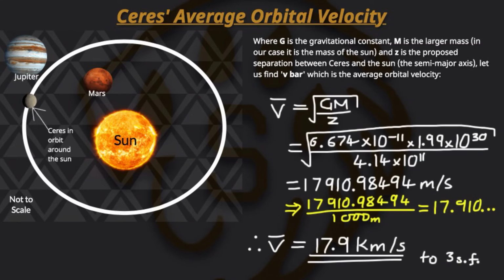Okay, so as you see, our v bar is the v with that horizontal line on top. That's what we mean, v bar, and that is the average velocity, which will be equal to the square root of GM over z. You can do the rearrangement of the formula from the principal formulas, like the angular velocity and the law of gravitation.